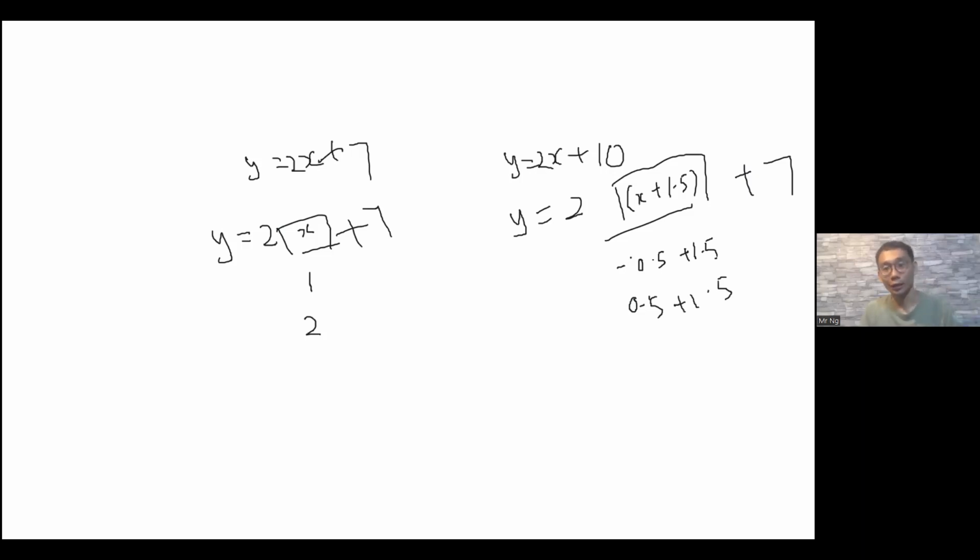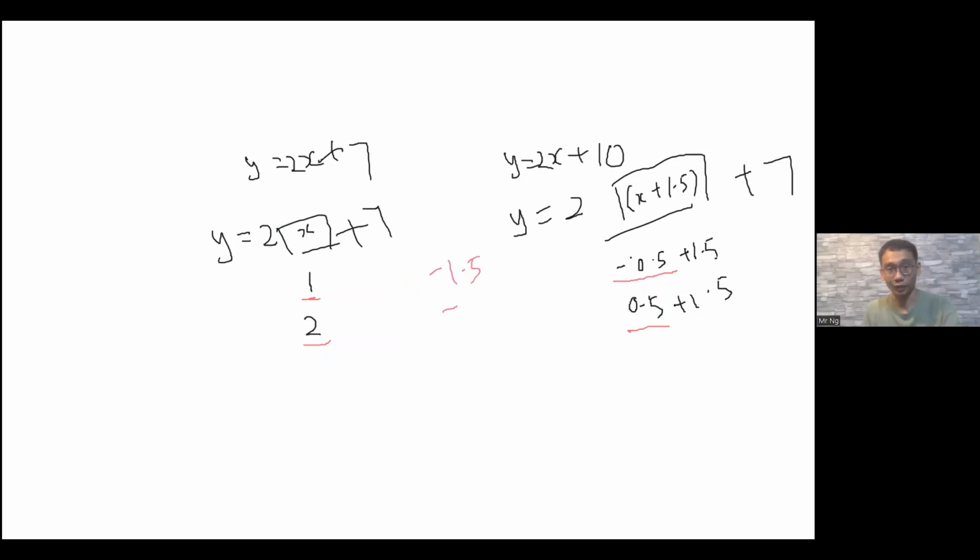So look at how your x value changes: from 1 to negative 0.5, from 2 to 0.5. As a result, 1 to negative 0.5, so you are shifting it by, their difference is minus 1.5.